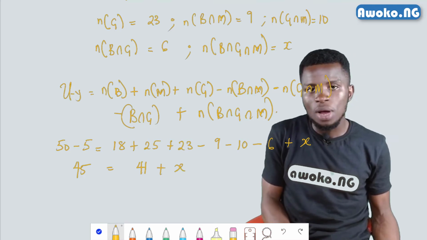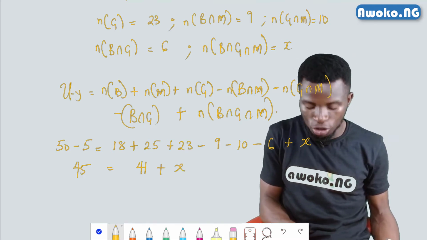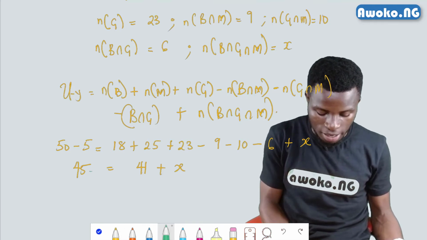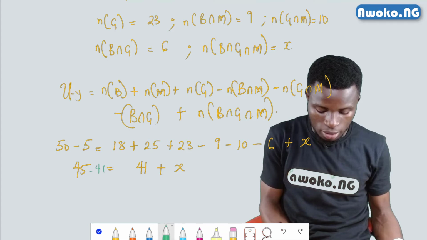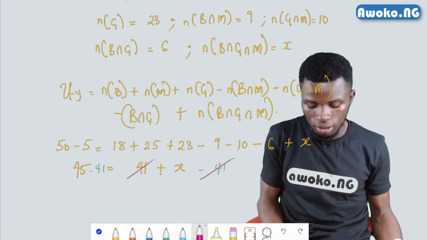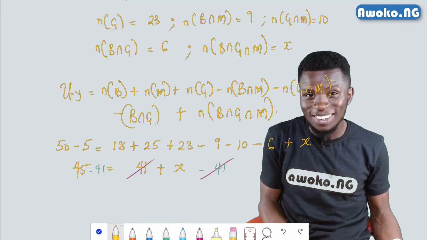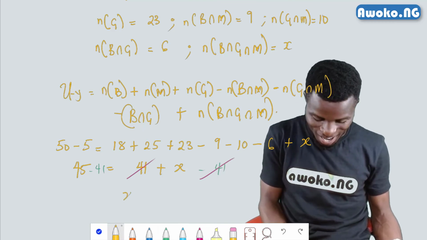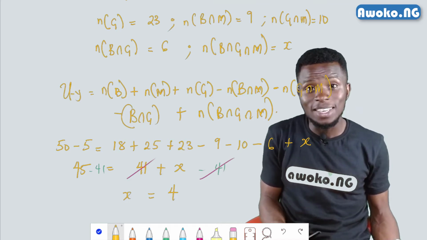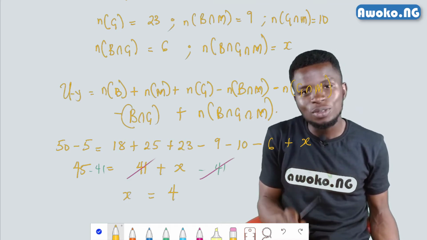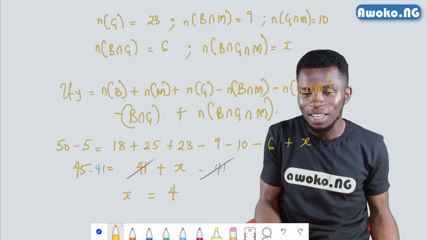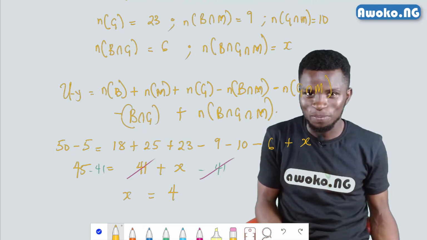Now, subtract 41 from both sides to make sure that x stands alone. Minus 41 minus 41, of course, these will cancel out and x is now standing alone. So I have x is equal to 4. That is, the number of students that offer the 3 subjects is 4.